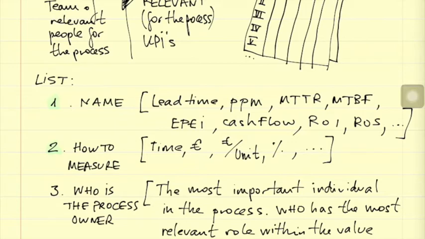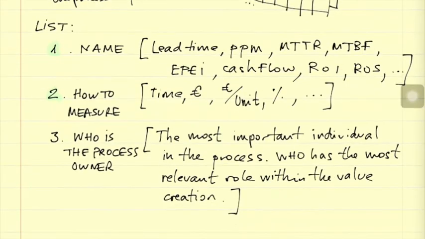Okay. There is never one single person that is solely responsible for one process. Okay. There are probably many people taking care of many things simultaneously, but there is usually one person that is responsible for the process.